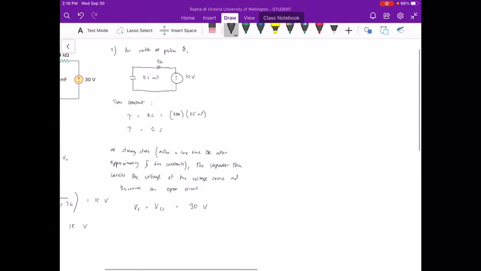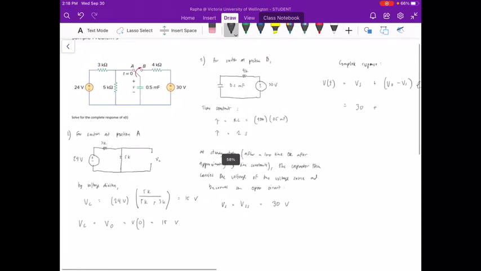Now the complete response becomes V(t) is equal to Vs plus (Vo minus Vs) e to the power of negative t over tau. We have 30 for our Vs plus our Vo.